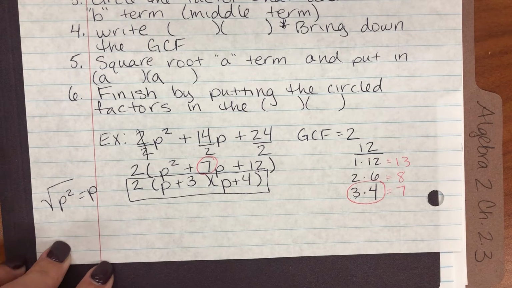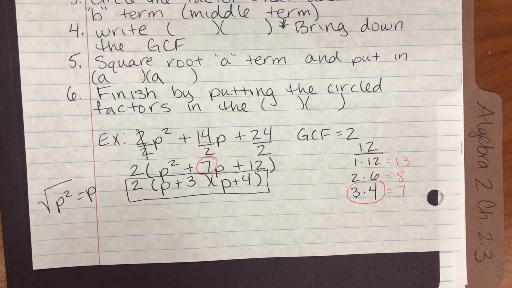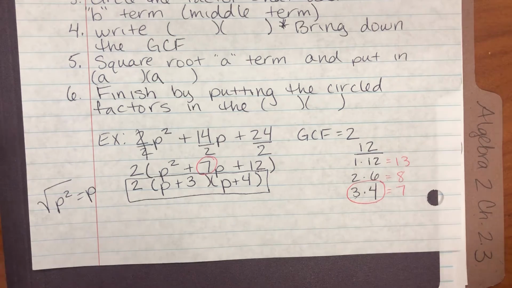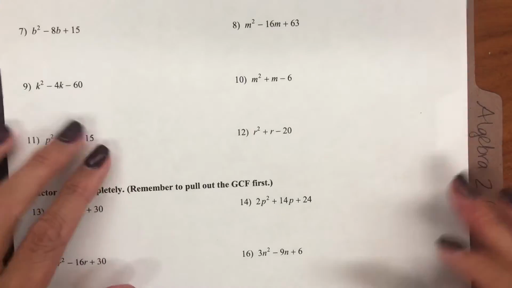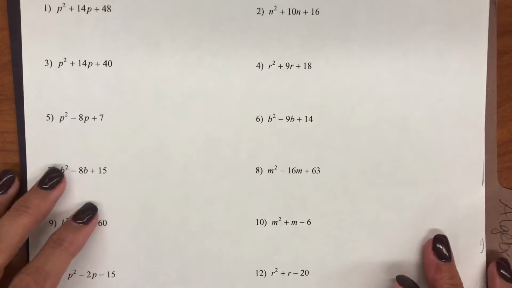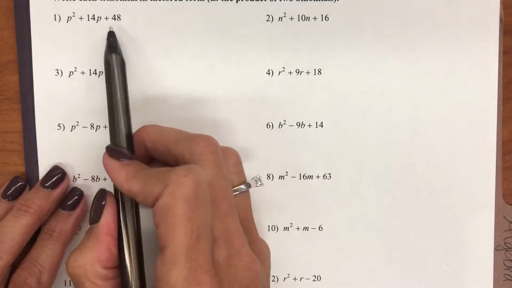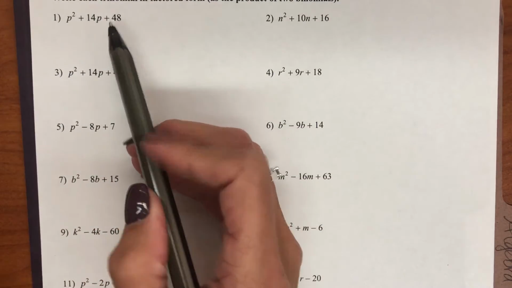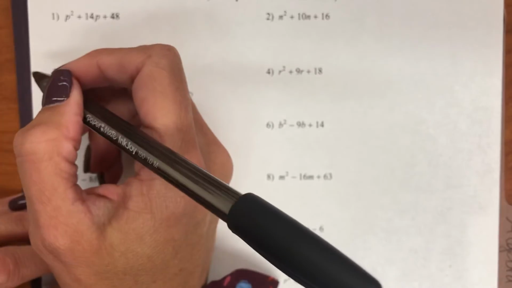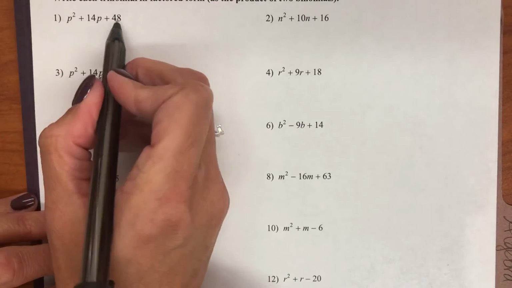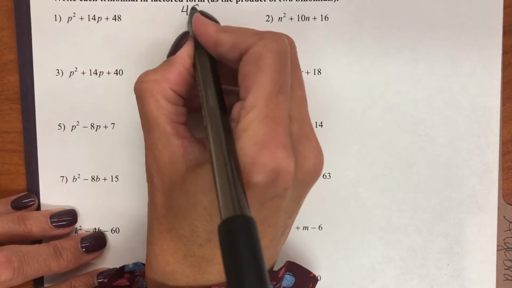Okay, so let's practice this. Go ahead and switch over to your worksheet, and let's do some of these together. All right, let's start with number 1 here. Look for a GCF first. There's not one. So I can go ahead and pull this 48 to the side here.